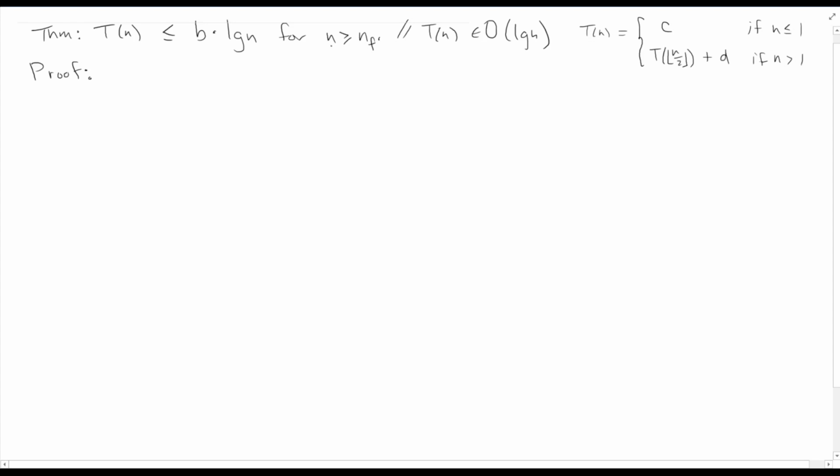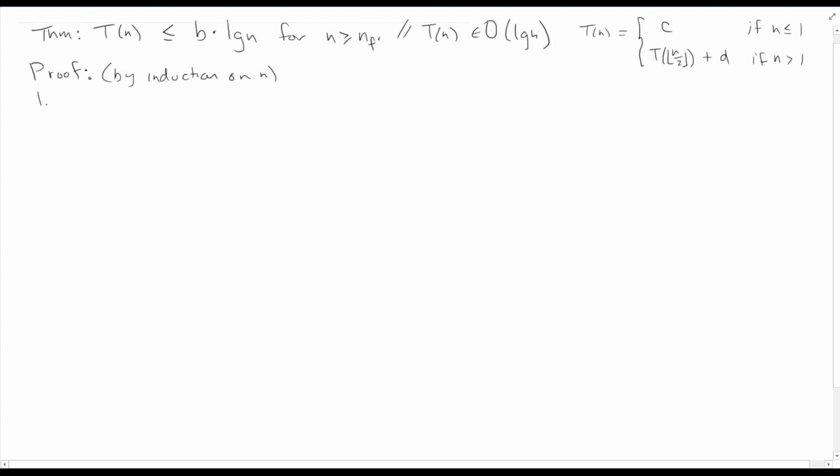This will be the upper bound, where we want to show that it is less than or equal to b times log n. And again, our goal here is to do this by induction on n, on the variable n.